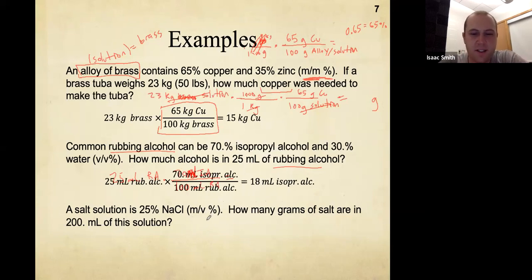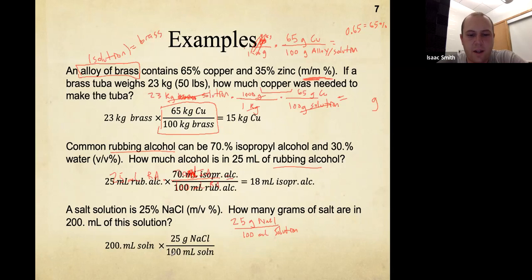Okay, so by definition, mass over volume percent, since it's 25, it tells us that we have 25 grams of sodium chloride for every 100 milliliters of solution. Okay, so we can use that just like we did before. We have 200 milliliters of solution. We use the mass over volume percent, and then we get our grams of sodium chloride using it that way.